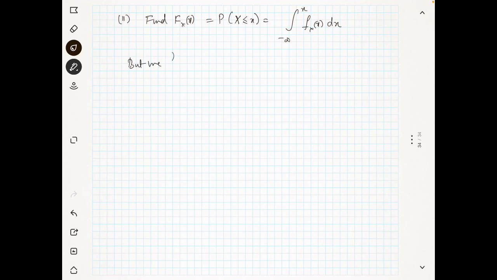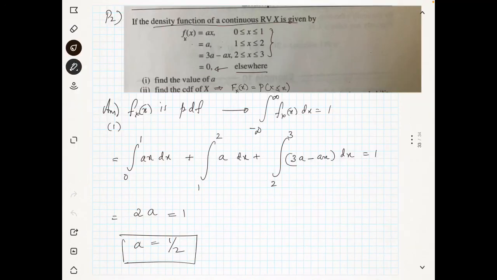We have a equal to 1 by 2, so f_X(x) is equal to 1 by 2 into x, because it was ax for the limit between 0 and 1. In the problem we got our a as 1 by 2, so we will use this value here.